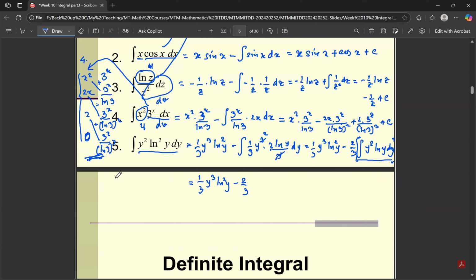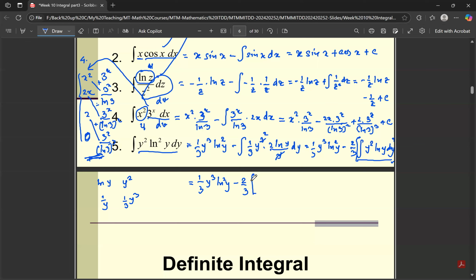In the last integral, we still use integral by parts. So we have ln y as u, and the derivative will be 1 over y, and dv will be y squared, and the integration of y squared will be 1 over 3 y cubed.